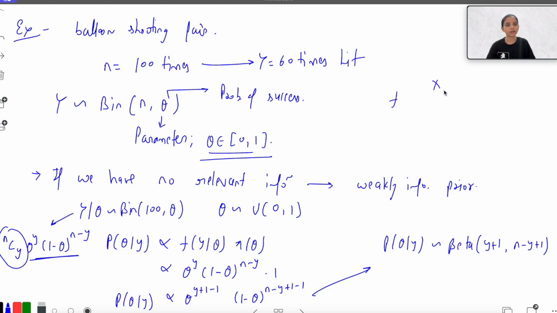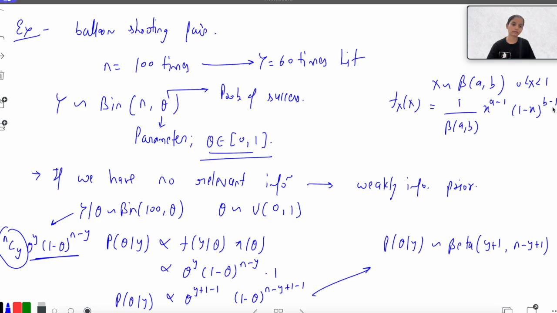Let me write it again. If X is following a beta distribution with the parameters a comma b, then the PDF corresponding to it, for x lying between 0 to 1, is 1 upon beta(a, b) times x raised to the power a minus 1 and 1 minus x raised to the power b minus 1. So with the help of this distribution we can say that our posterior distribution is following the beta with parameters y plus 1 and n minus y plus 1.